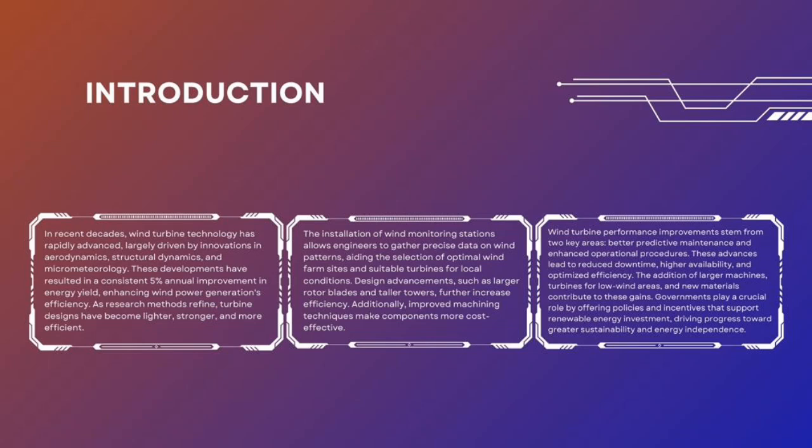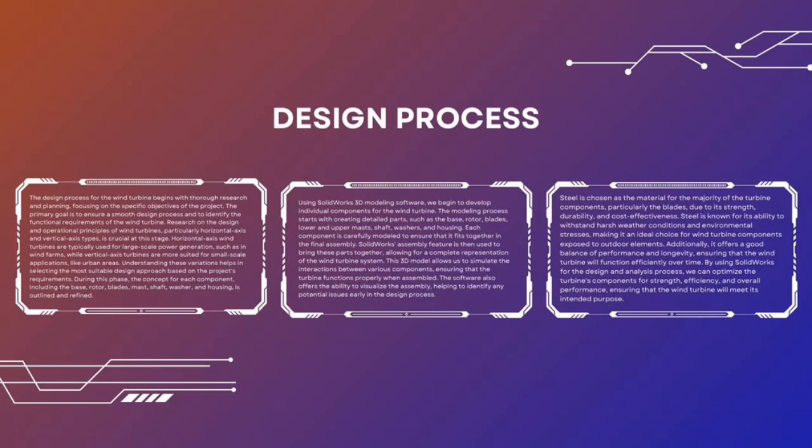These advances lead to reduced downtime, higher availability, and optimized efficiency. The addition of larger machine turbines for low wind areas and new material contribute to these gains. Government plays a crucial role by offering policies and incentives that support renewable energy investment, driving progress toward greater sustainability and energy independence.